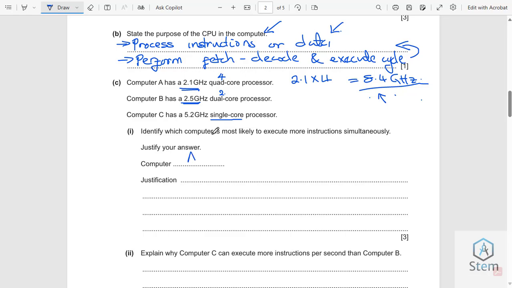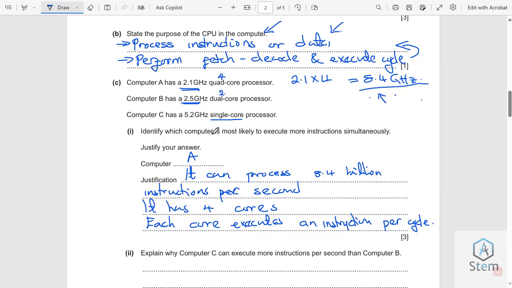So computer A is the fastest, and the justification is that computer A is capable of dealing with 8.4 billion instructions per second, and at every clock cycle, computer A will be solving 4 instructions. So at one given time, computer A is moving 4 instructions. So it can do more simultaneously.